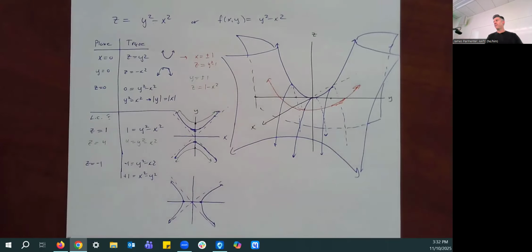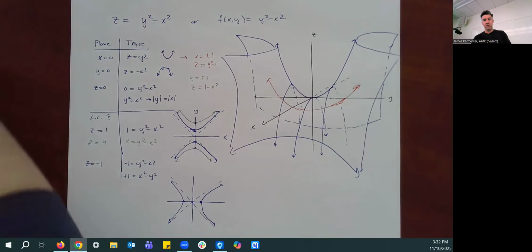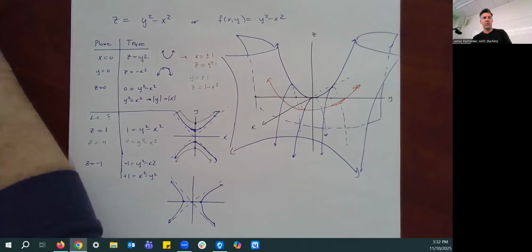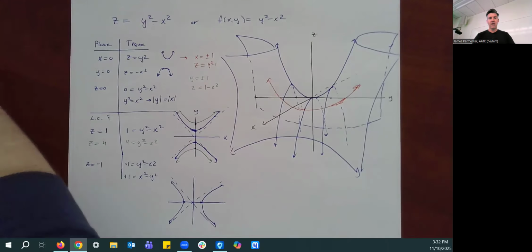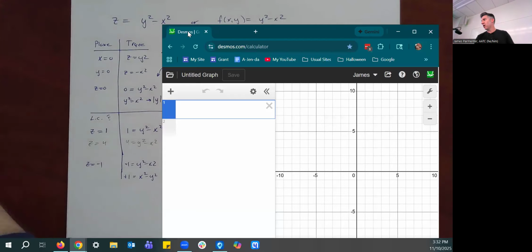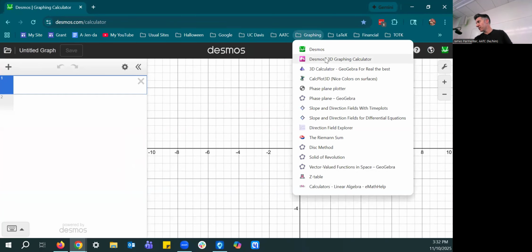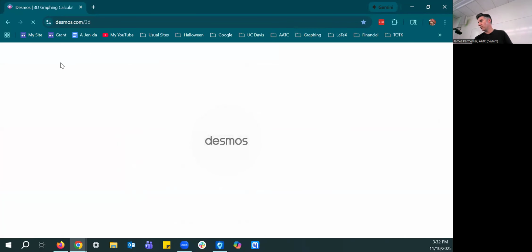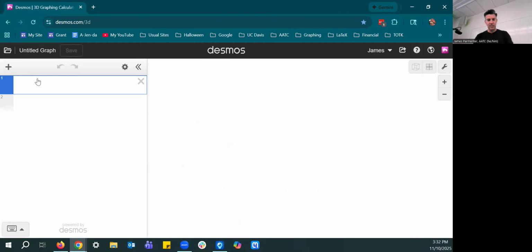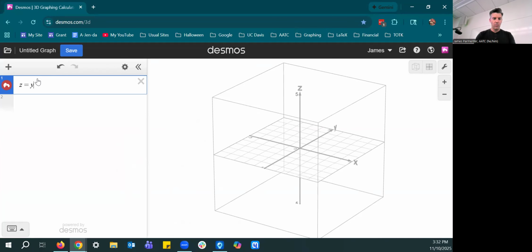But you know what you have that's way better than my drawings is Desmos 3D. And you know what it's really useful for is looking at things that are hard to draw, or not even that hard to draw, but still, you can only do so much. So that's not the right Desmos. That's Desmos 2D there, not 3D. So you can actually graph this really easily. z equals y squared minus x squared.